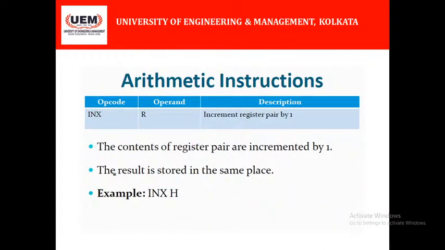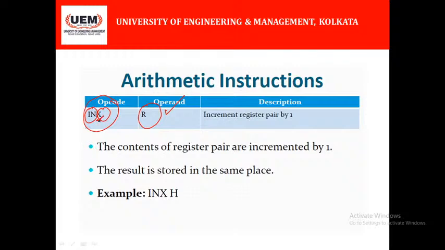Next, INX H. In case of INX, X stands for indirect. So we are indirectly incrementing the value of a memory location or any place. In case of INX H, INX is basically your opcode. How many operand fields are there? Only one. So it is a one address instruction.